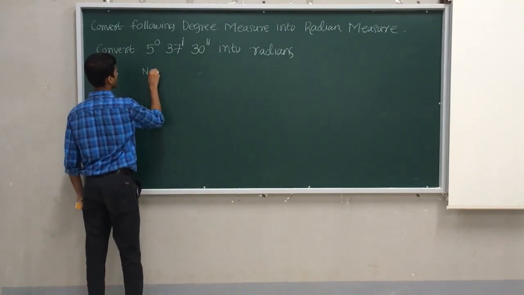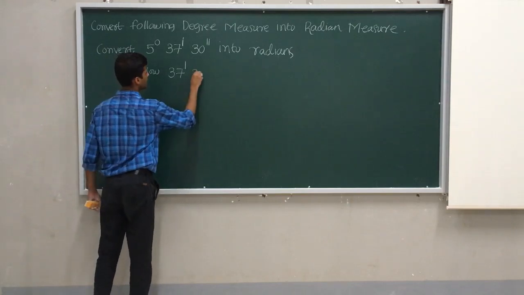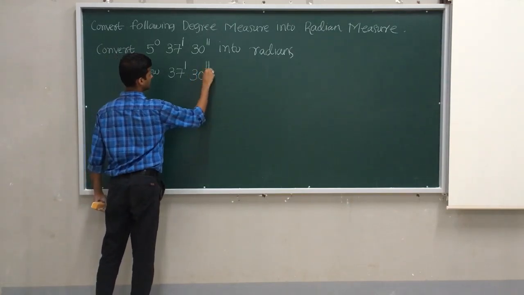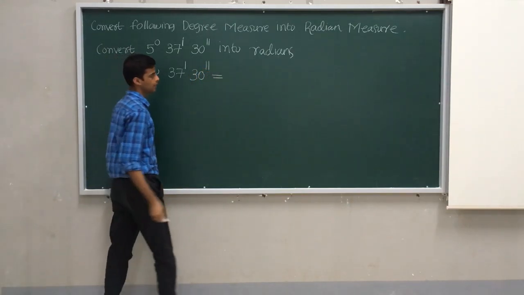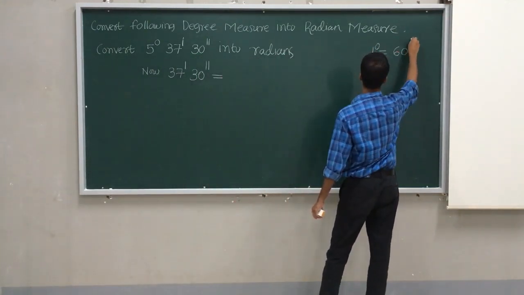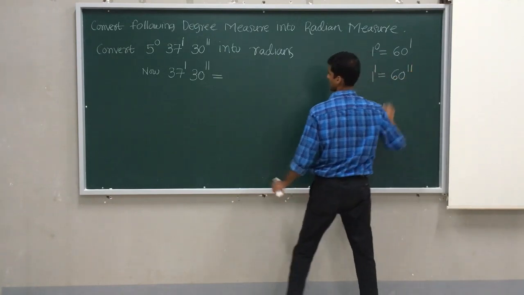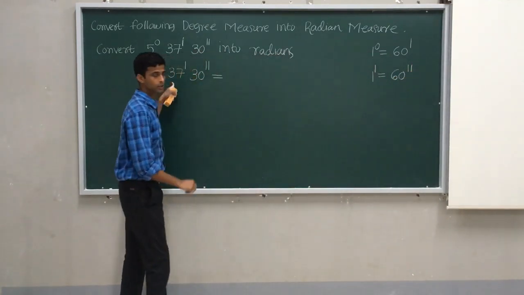Now, 37 minute 30 second is equal to, we all know that 1 degree is 60 minute, 1 minute is 60 second. Let me convert the second into minute. So what will happen?